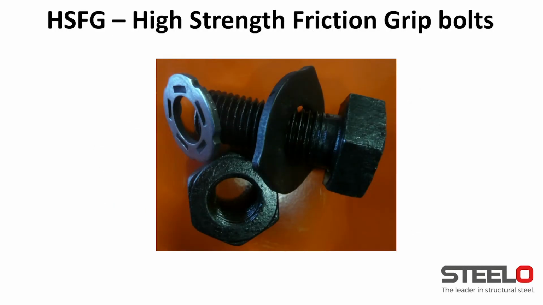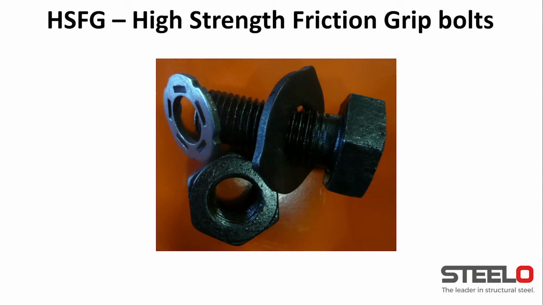HSFG bolts, or high strength friction grip bolts, are quite often black and they are normally much more expensive than typical bolts. The reason behind that is because they are manufactured in a way where they have a lot of stress within them until they are properly tightened. So only by tightening up the bolts, the stress gets relieved, and therefore they carry much more weight and load than a typical bolt.